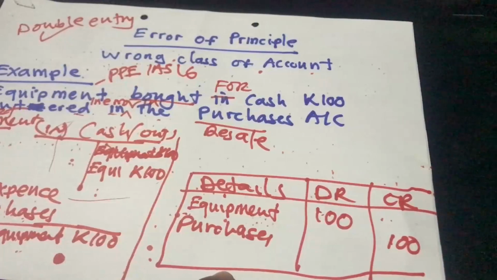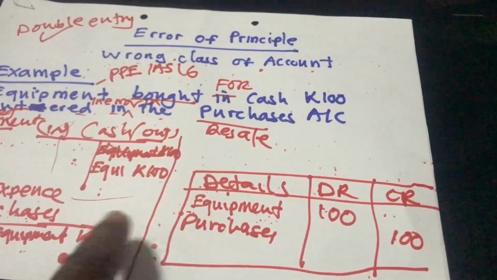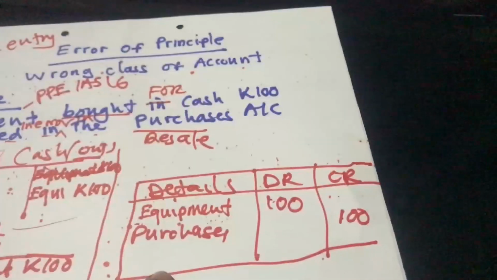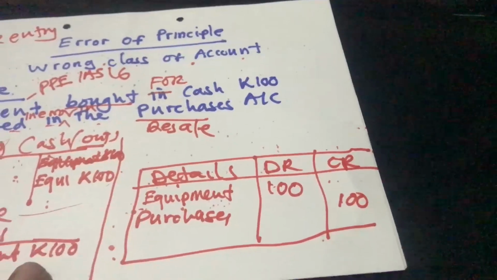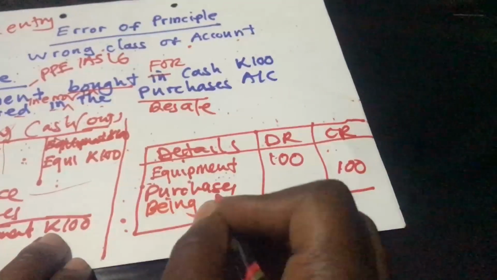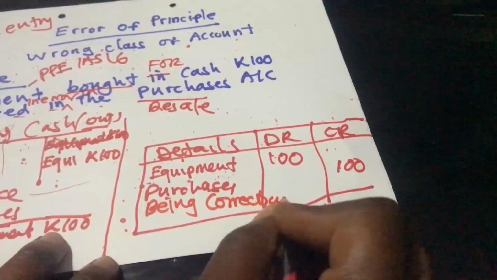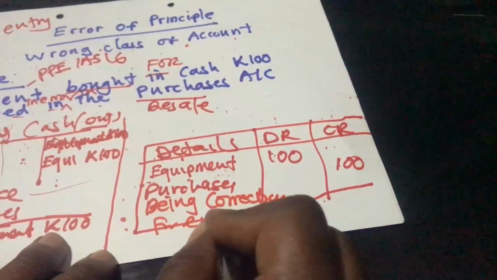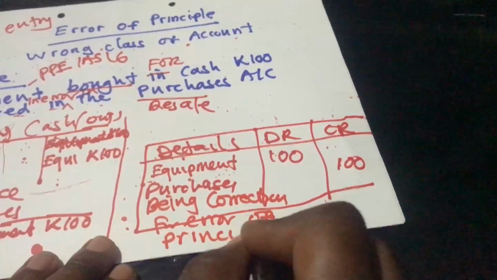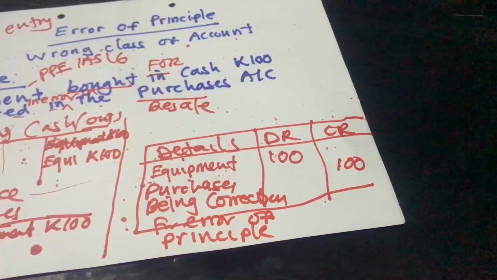These workings are just your work. Sometimes the narration will be asked, sometimes the narration will not be asked. So in this case, if a narration was asked, you're going to say being correction for error of principle.